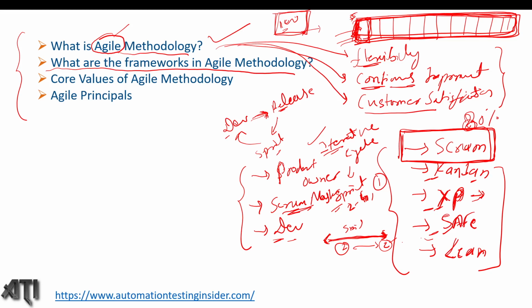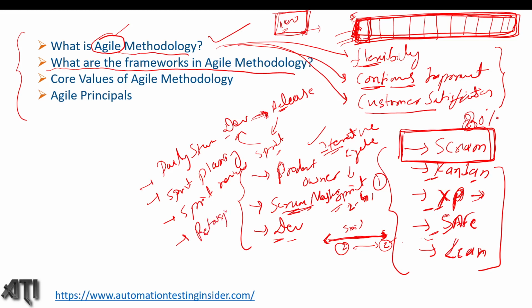So these are the three important roles, and there are some important daily activities we have in Scrum, correct? So we have the daily stand up meeting, sprint planning, sprint reviews, correct, and a retrospective will be there.